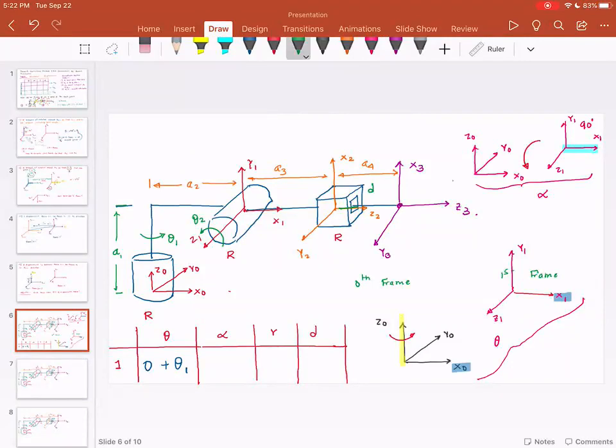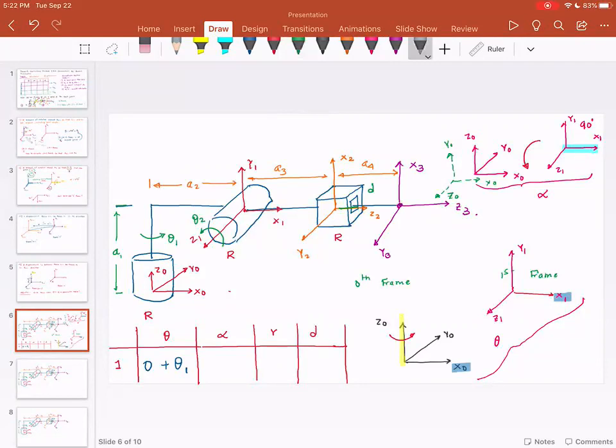So after rotation, your frame is going to be like this. You will have Z0, you will have Y0, and you will have X0. So finally, Z0 and Z1 that needs to get rotated.